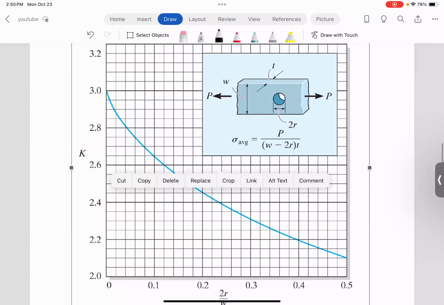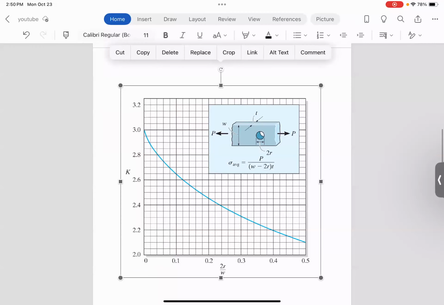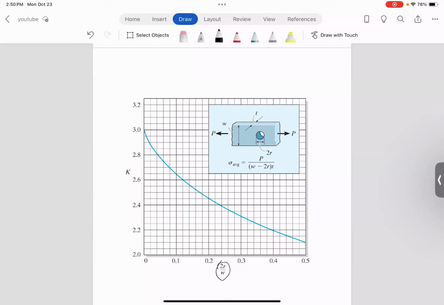Let me make this smaller. So basically, you need this value of 2R over W, which is the ratio of the diameter, 2 times the radius, divided by W. And then you can figure out the K value for it.